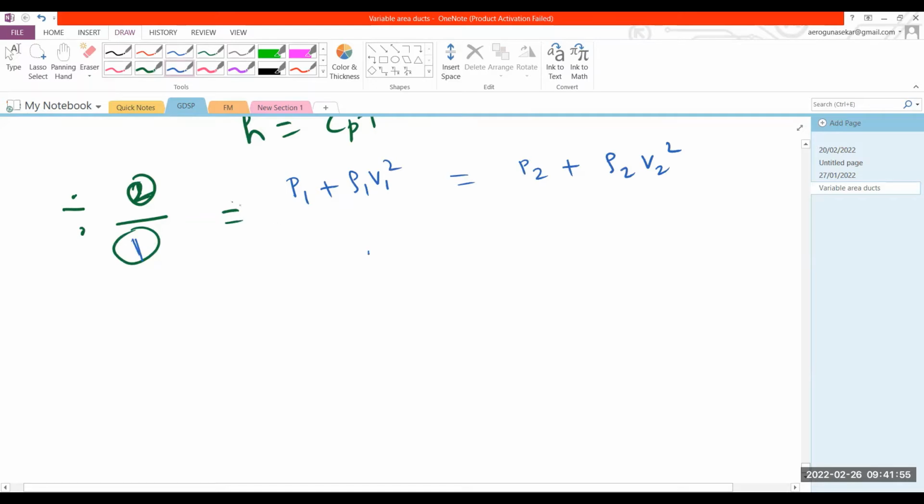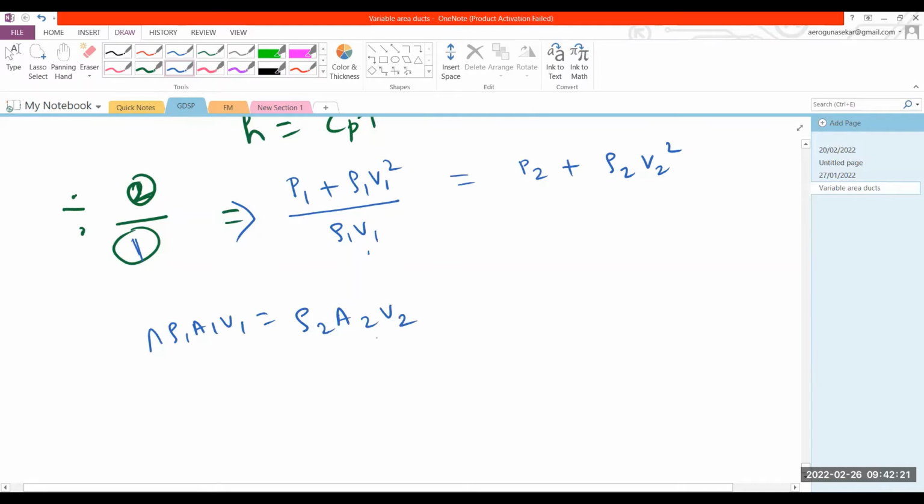I am dividing the left hand side by rho 1 V1, that is the continuity equation. You know your continuity equation is nothing but rho 1 A1 V1 equal to rho 2 A2 V2.